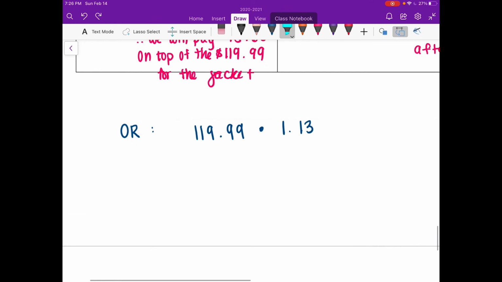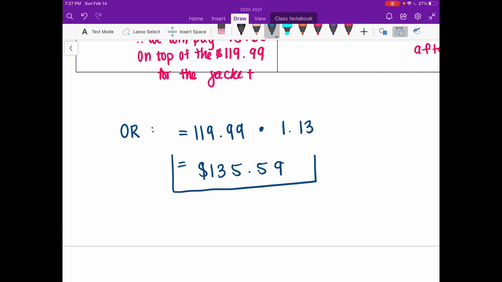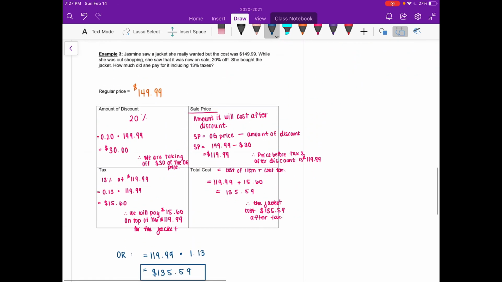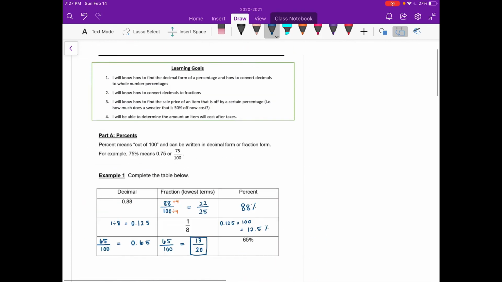That's how that math works out. So if you want to do it that way, be my guest, and you'll get the same amount. If you do $119.99 times 1.13, you're going to get $135.59. Either way, it is correct to do it. Unless I'm explicitly asking you how much tax you are paying in dollars, it's totally acceptable to do it this way. Okay? Thank you.